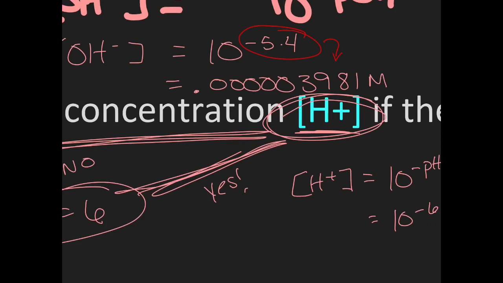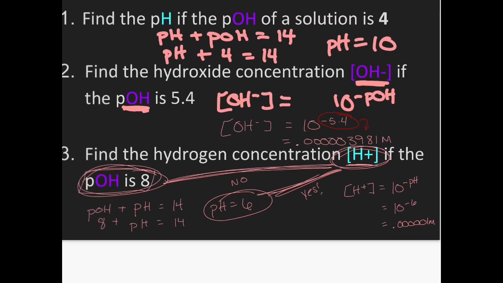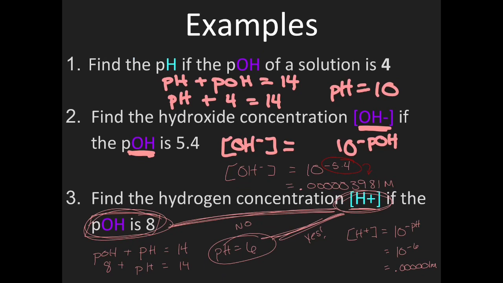Once you punch that into your calculator and move your decimal, you will see that you get 0.0000001 molarity. Pretty simple. This is exactly what you did on your project this weekend and this past week.